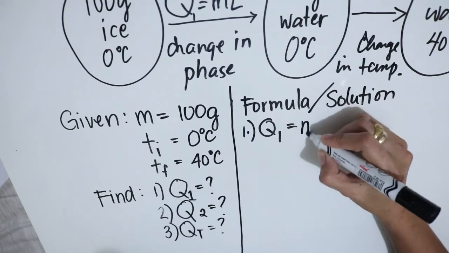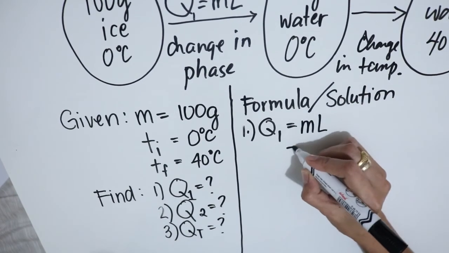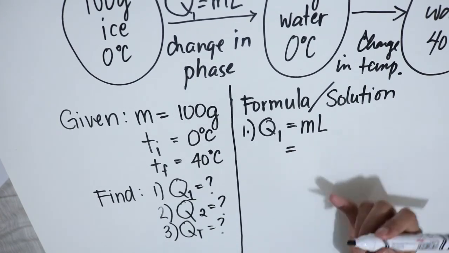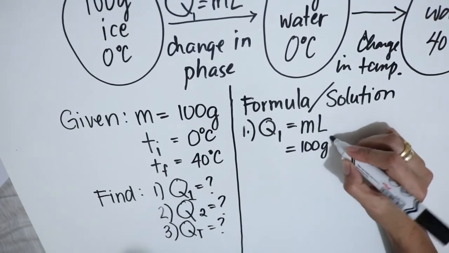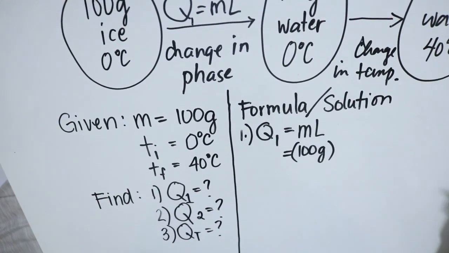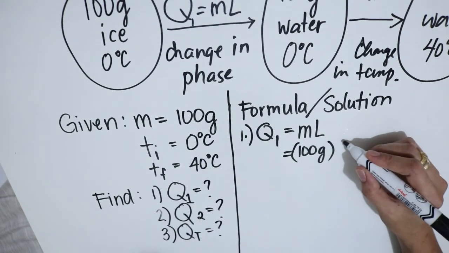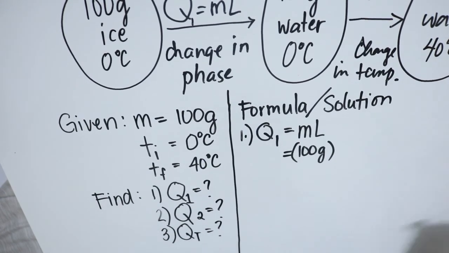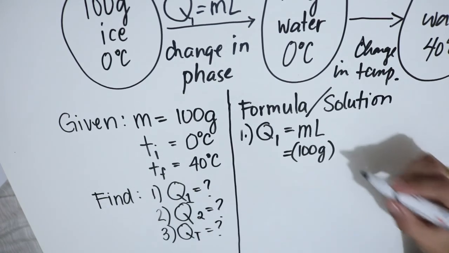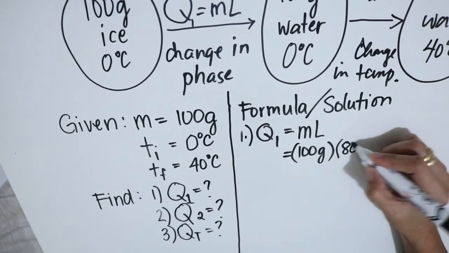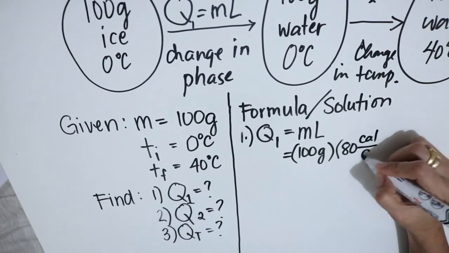So we will use ml. Substitute the known values. We know the value of m, which is 100 grams. And then the L, which is a constant value, the amount of energy used to change phase from solid to liquid for water is 80 calorie per gram.